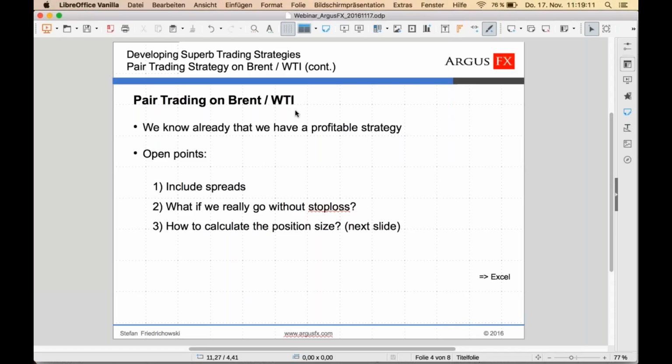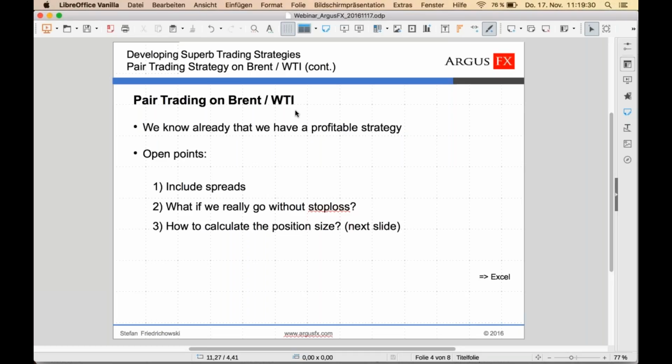A trade is now always considered as a pair. Whenever we open a trade, we open two, one long trade and one short trade, and that only depends on which one goes more up or more down than the other.